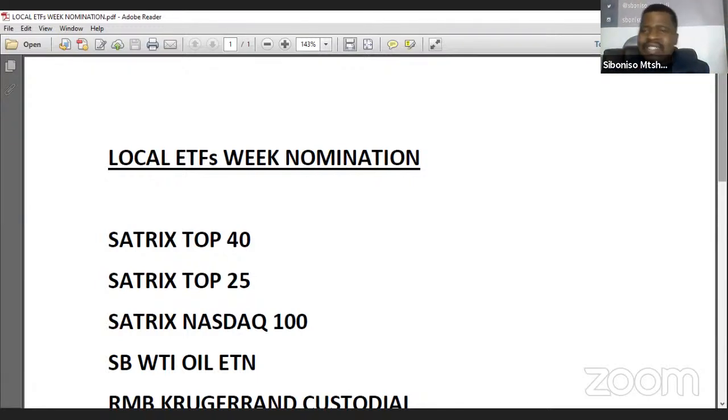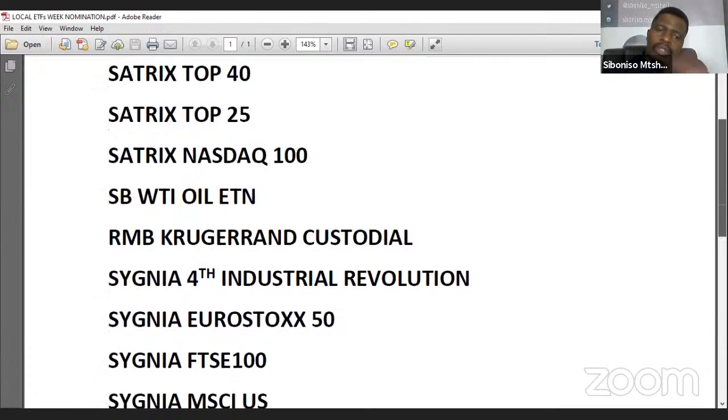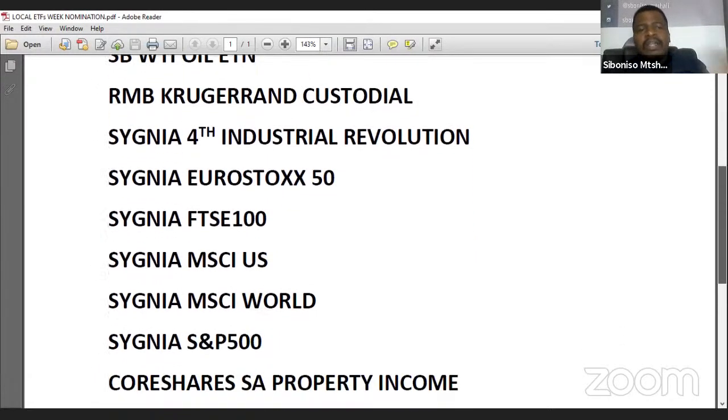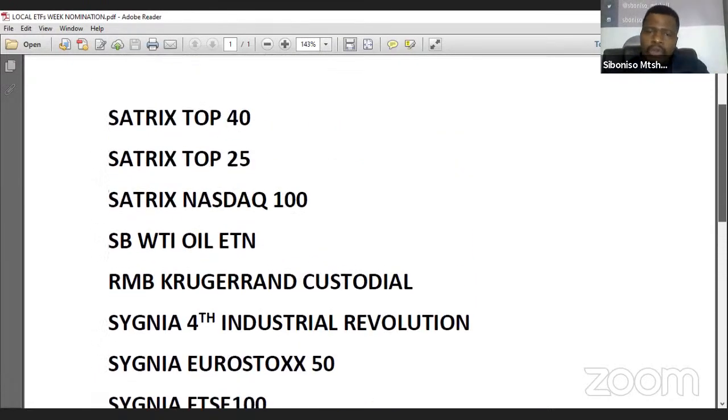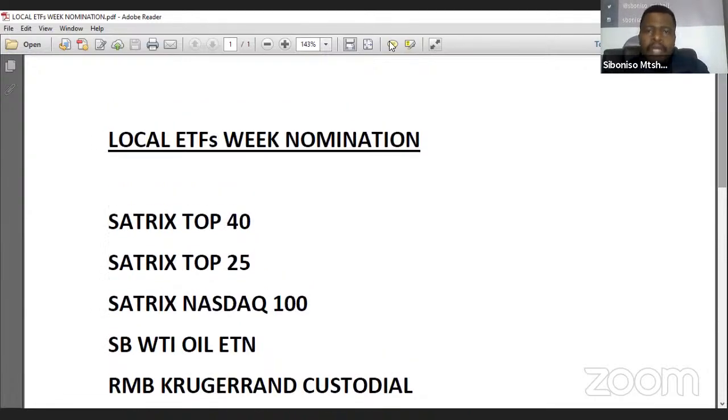Just like on the JSE, there are more like 300 and above companies, but there is that top 40, top 25, top 10, and so forth. So I hope you understand. We call all these exchange traded funds, and there are also exchange traded notes, the ETFs. Okay, so that was the third part that I needed to share with you.